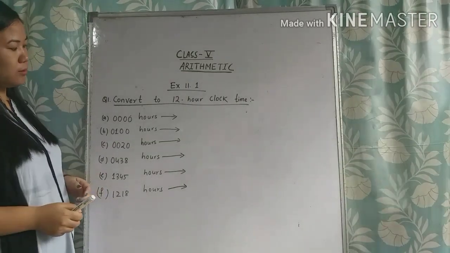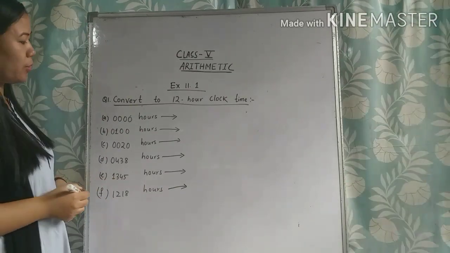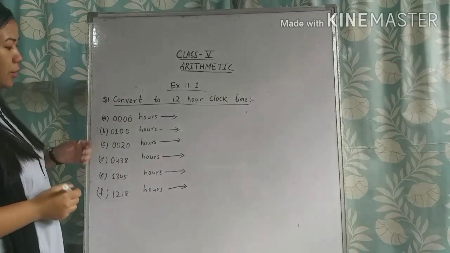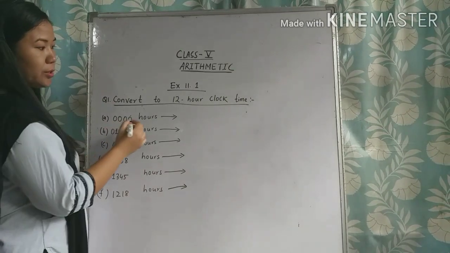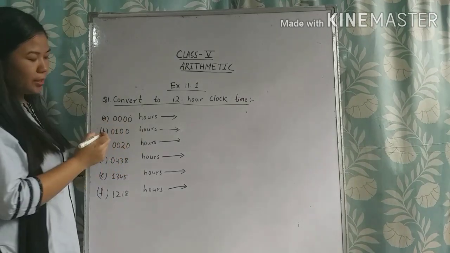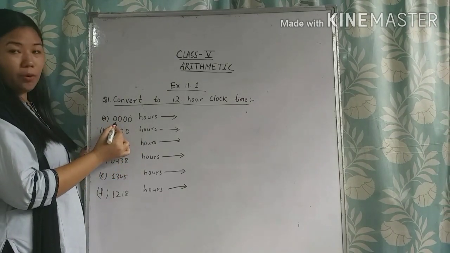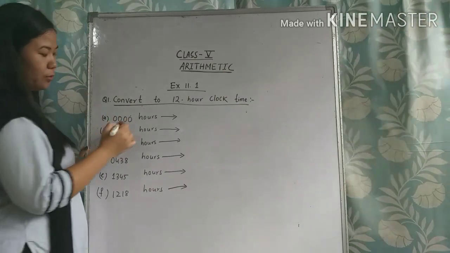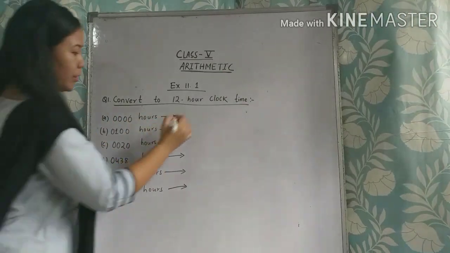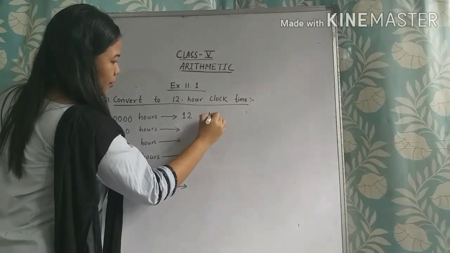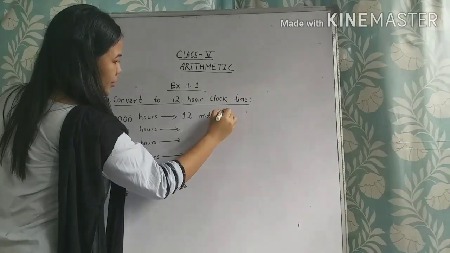Now let us try to solve exercise 11.1. Question number 1. Convert to 12-hour clock time. Now in the question it is given in hours. We have to convert it into 12-hour clock. Now you see here 00 in hours and 00 in minutes. I've already explained what it will be. It will be 12 midnight.